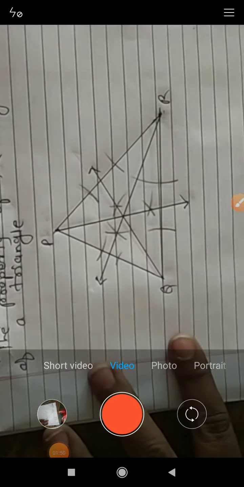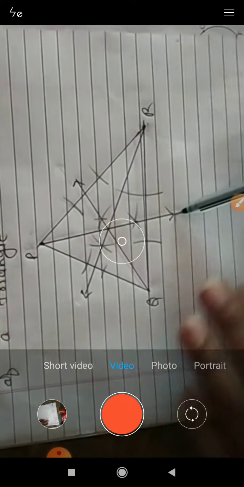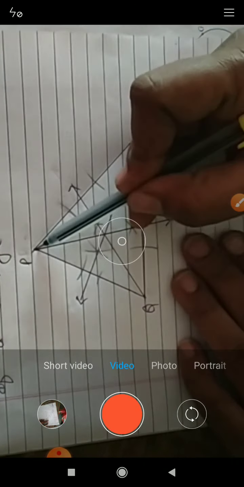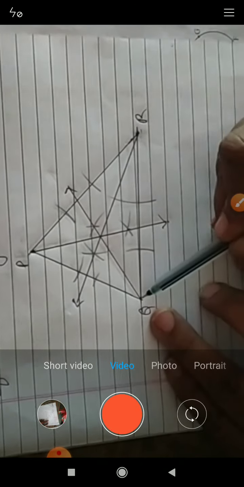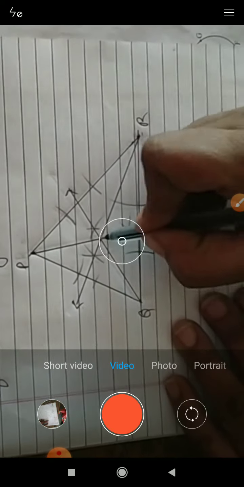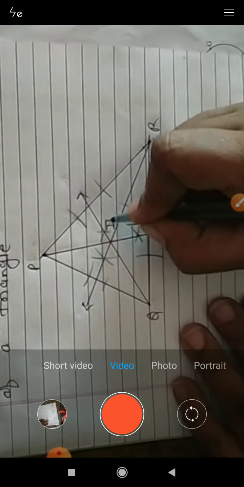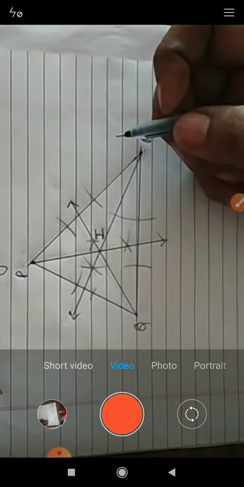If you see here, you will notice that all these three angle bisectors, means angle P's bisector, angle Q's bisector, angle R's bisector, are passing through a single point. Here it is, that point, and we have to give this point the name I. If these angle bisectors are passing through a single point, then only your construction is correct.